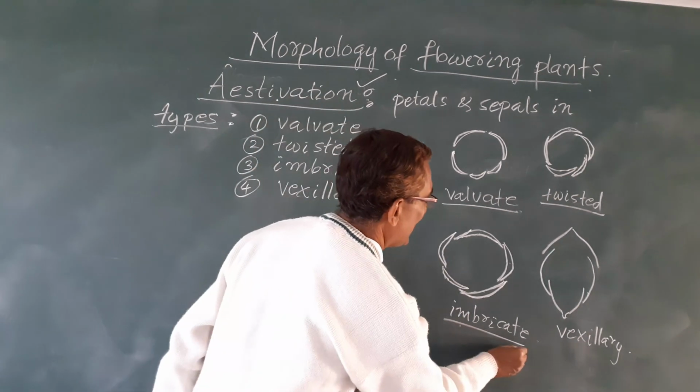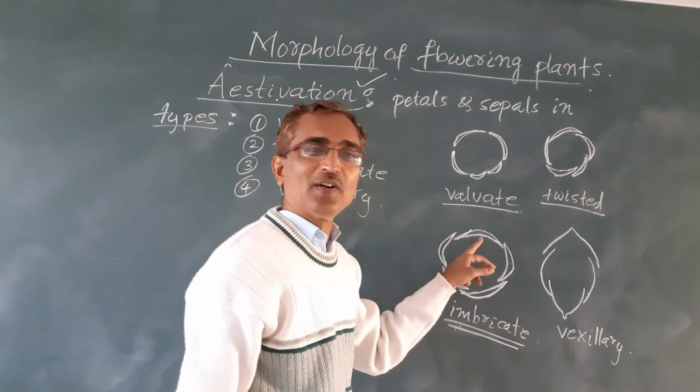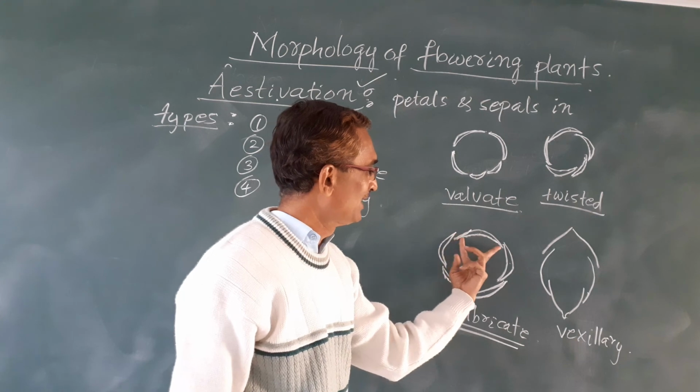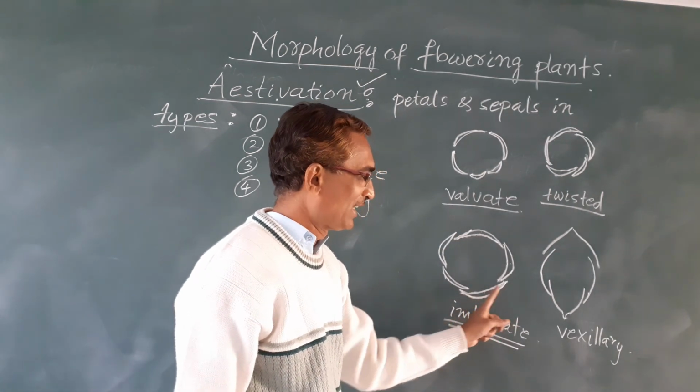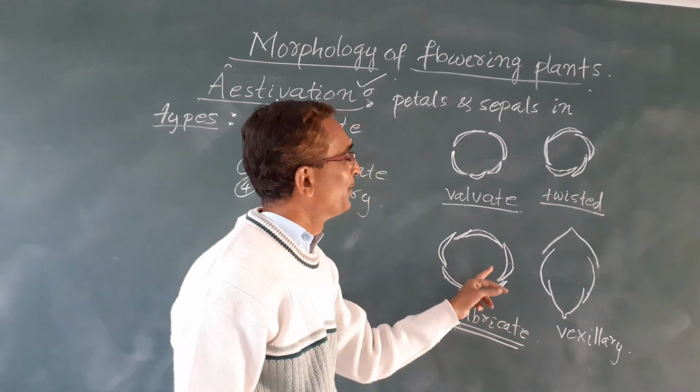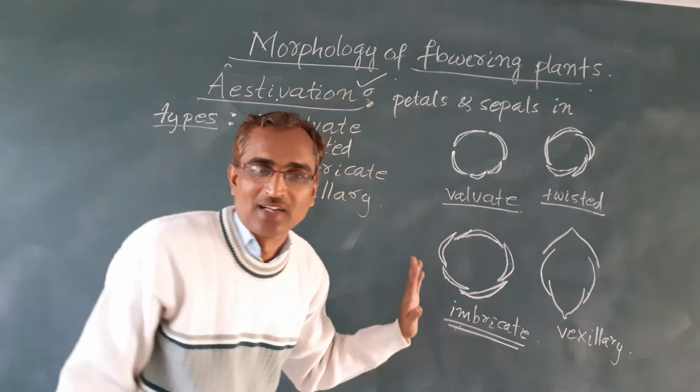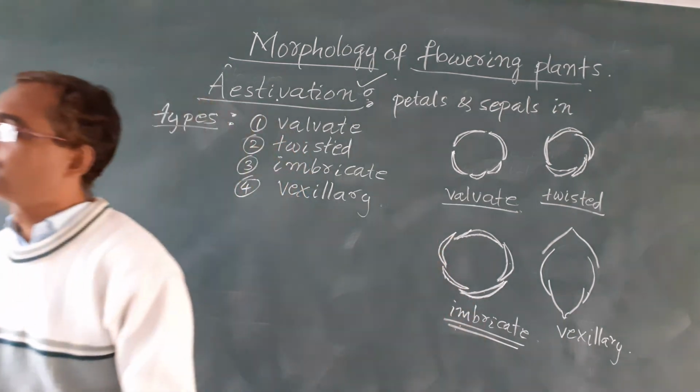So that is imbricate. One member of the sepals or petals is completely inside, one member is completely outside, and adjacent members are overlapping it.